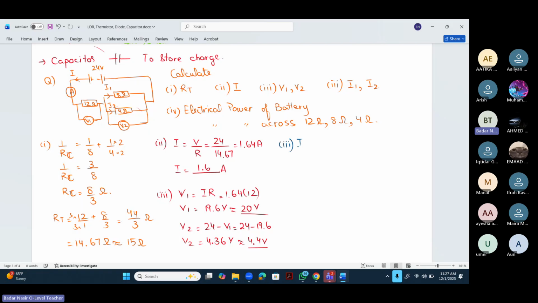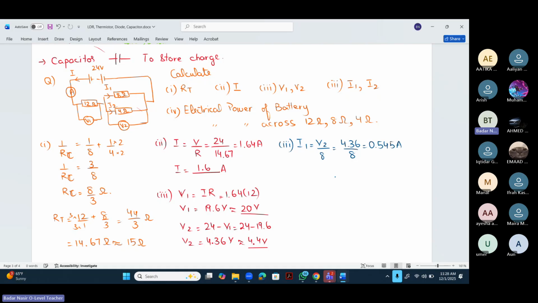Now I1 is flowing through the branch that has the 8 ohm resistance. So we'll use the resistance as 8. The formula for current is I equals V over R. So V2, which we just calculated, 4.36 divided by 8.